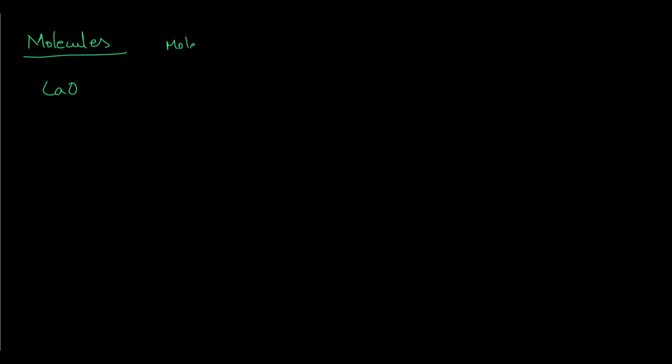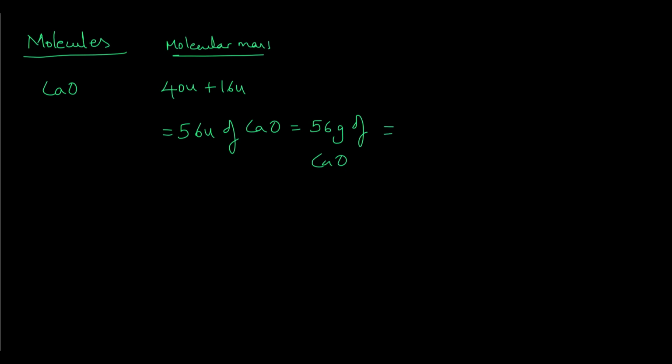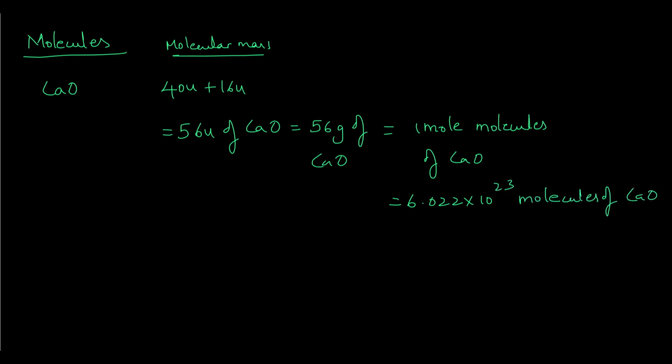What is the molecular mass? 40U plus 16U, which is equal to 56U of CaO, will be equal to 56 grams of CaO, which will be equal to 1 mole molecules of CaO, which will be equal to 6.022 into 10 to the power of 23 molecules of CaO. Understood how to write exactly what is mole concept?